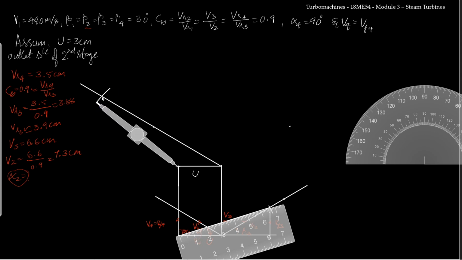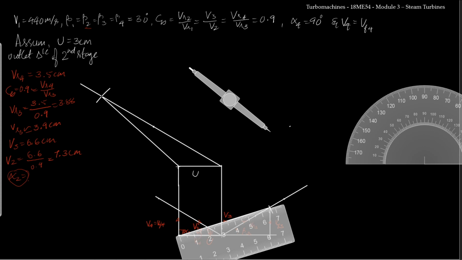So if I join this point where the arc cuts VR2 to the other end of U, then I will get V2. So from here I will join this, I will get V2 and I will complete the outlet velocity triangle of the first stage.